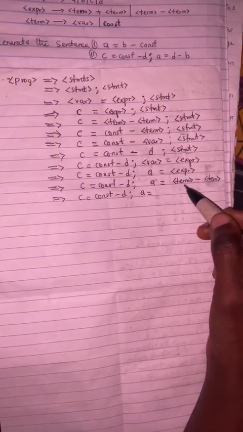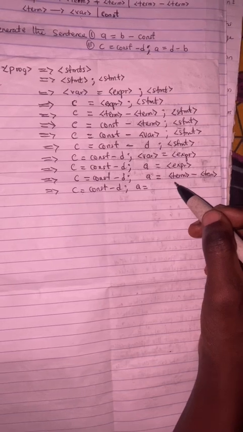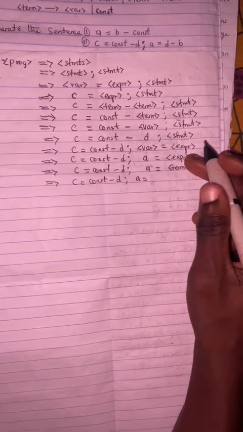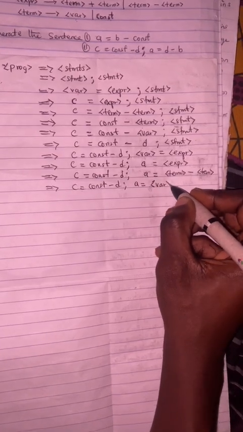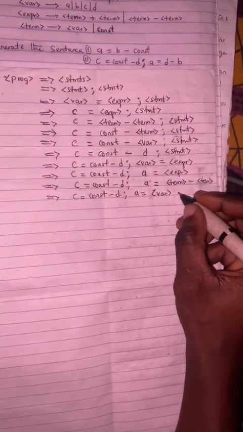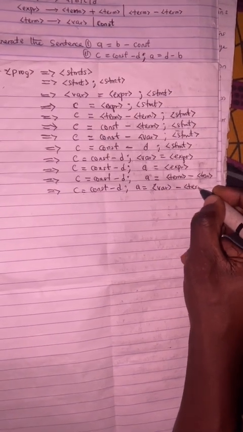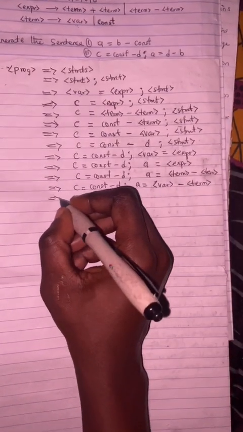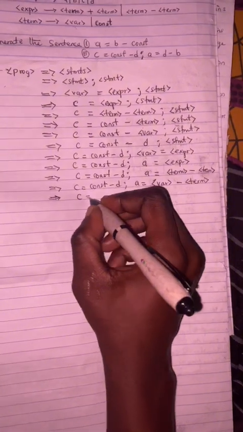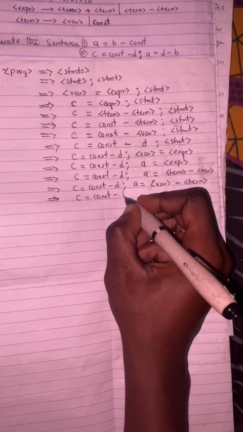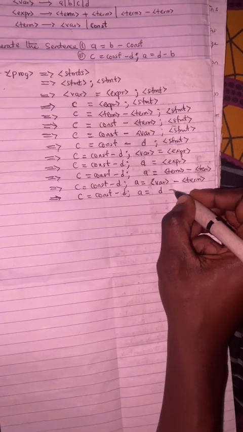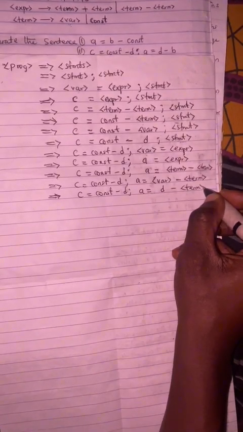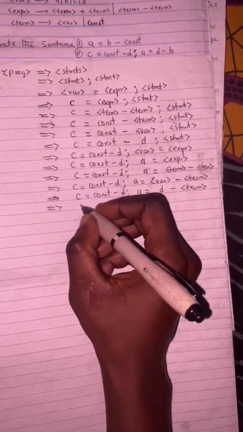Now 10 minus 10, we are going to derive this left side first. We are trying to get a D, right? So this 10 will give us var from our production rule. Remember, 10 will give us var minus, we keep this part as 10. Remember the two lines for yield, it's not just one, right? So we'll have here now var will give us our D minus 10. You can see that we are almost done. Our sentence is coming out clean.